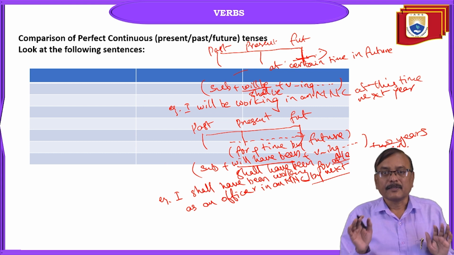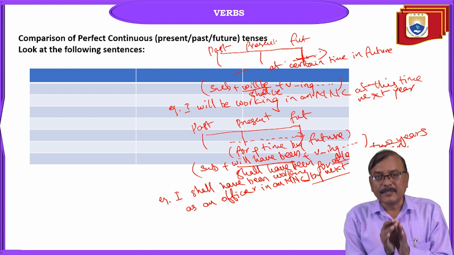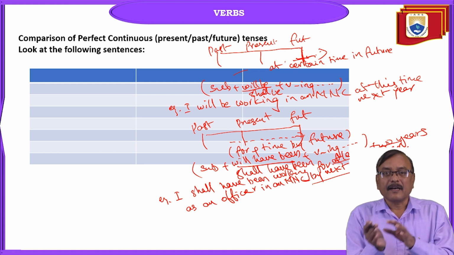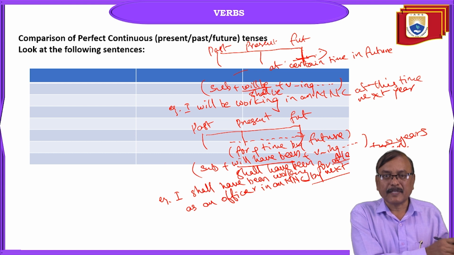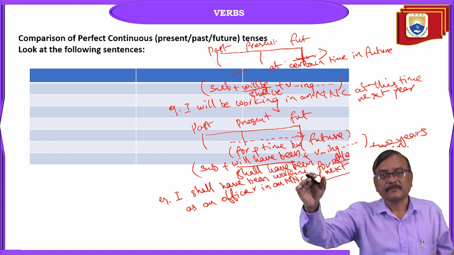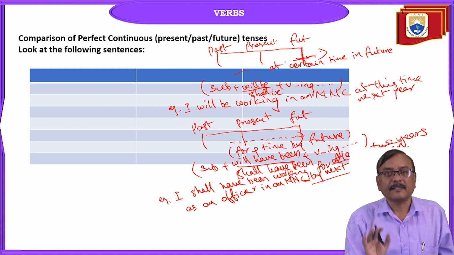Okay. So you have to identify whether the action is continuing at a certain time in future, or here it has already started at some point of time and still continued up to a certain time in future. Okay? You have to see like that. How do you identify?